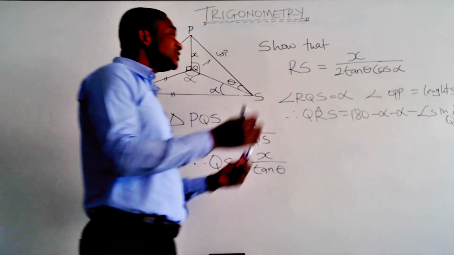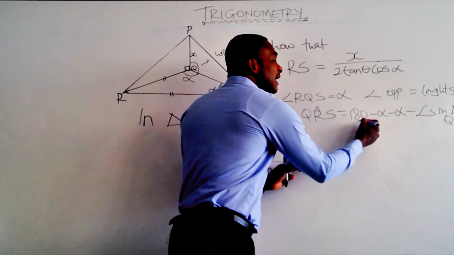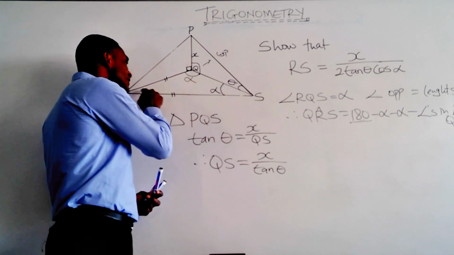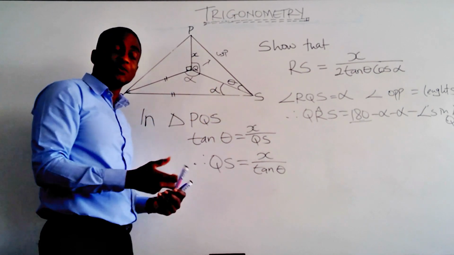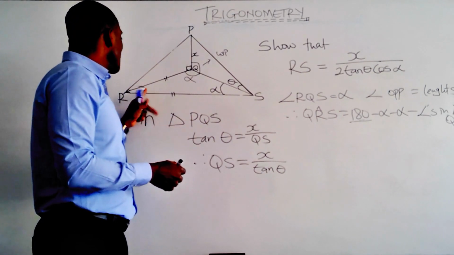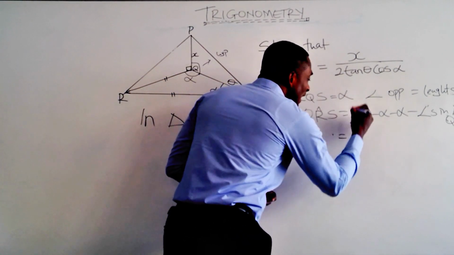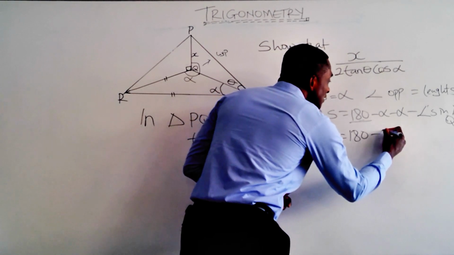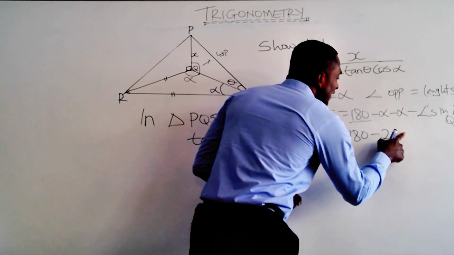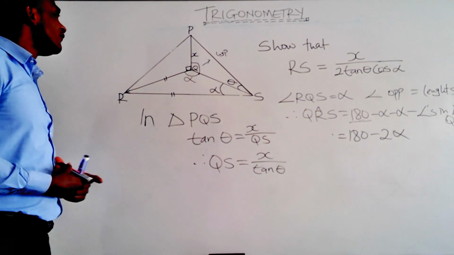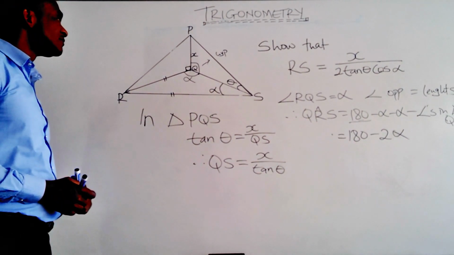The sum of angles in a triangle is 180, and that is where we got this 180 from. This plus this adds up to 180, so we can get this angle. Therefore our angle here will be 180 minus 2 alpha.